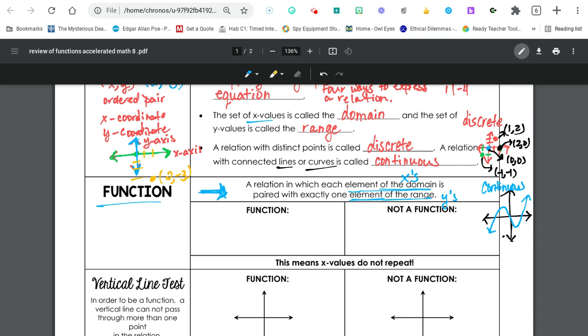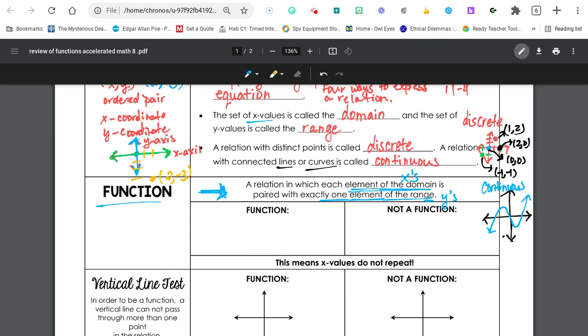So when each of your x's is paired with exactly one y, in other words, x can only be paired with one and only one y. Y can be paired with more than one x. I didn't say anything about y being paired with x, but x can only be paired with one y. So the key thing is to focus on your x's.